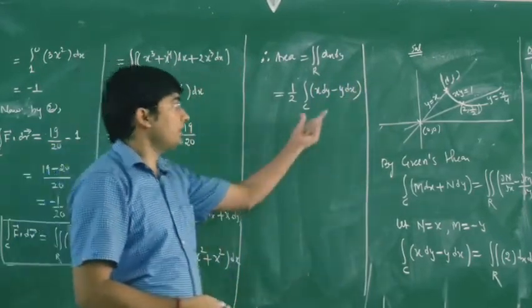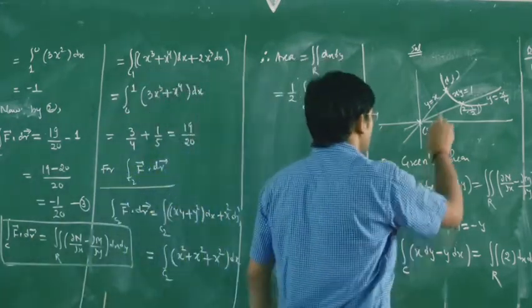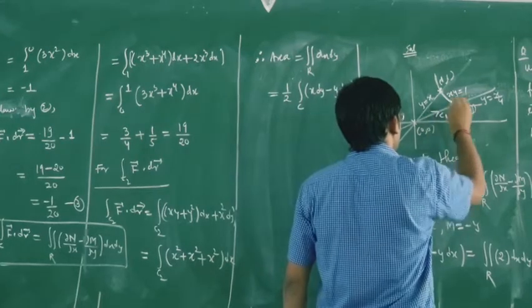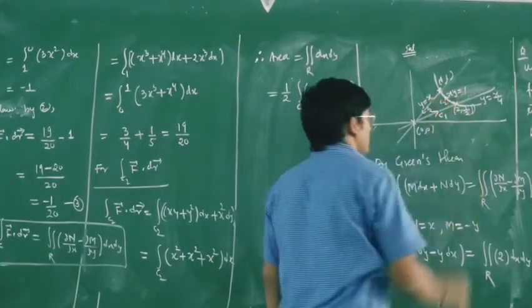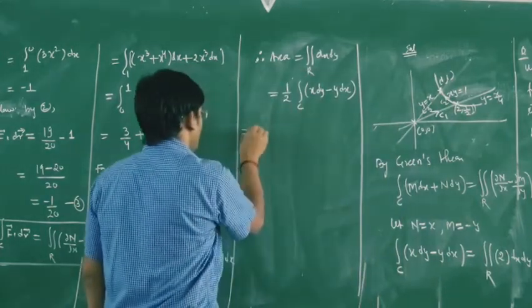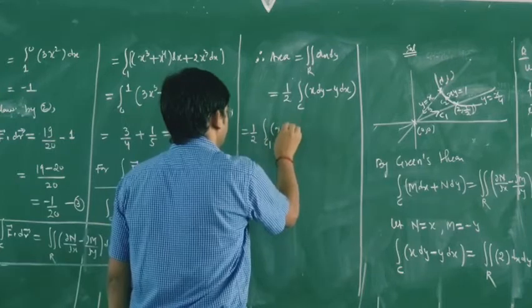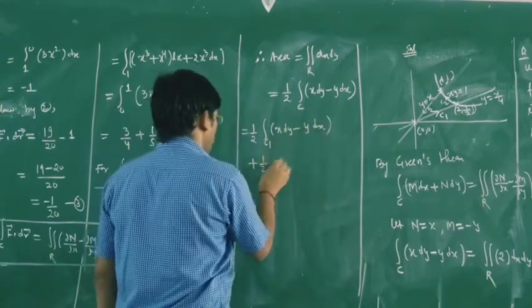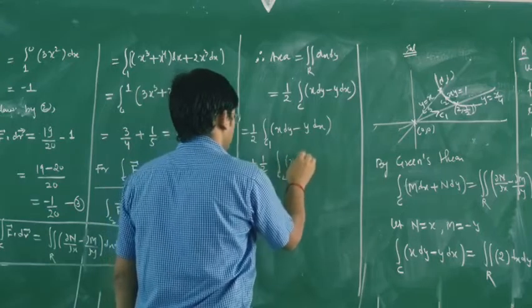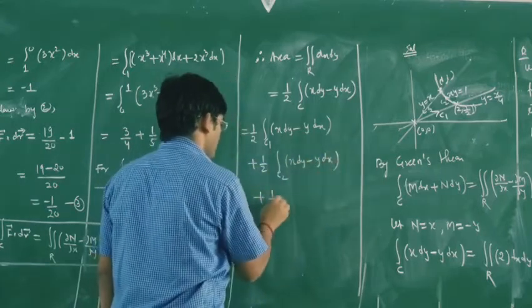Now we will write this line integral. Here you can see that your line integral will be, say this is your curve C1, say this is your curve C2 and say this is your C3. So in our case this will be the sum of the line integral along C1, then the line integral along C2, then the line integral along C3.